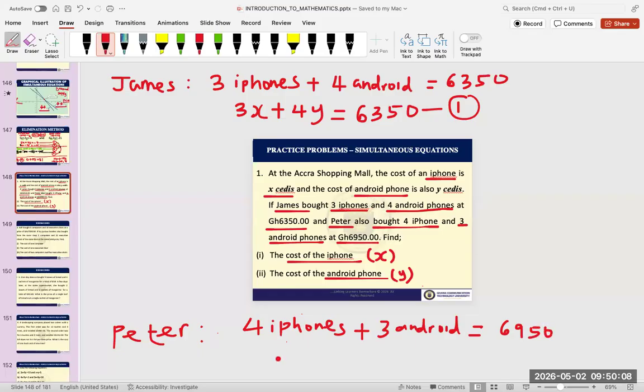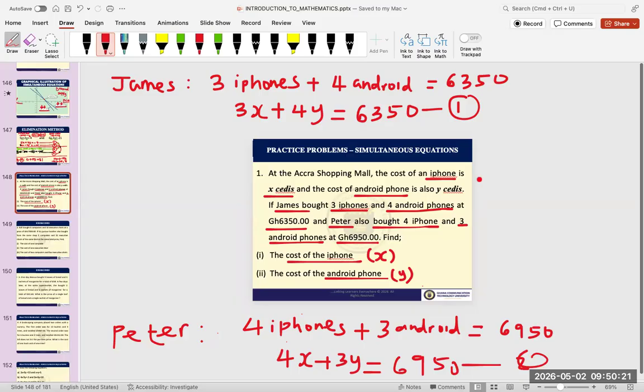You write this in equation form, that is 4x plus 3y is equal to 6,950. We have our equation 2. So we can perform our simultaneous equation. So let's perform our simultaneous equation that we have learned today.